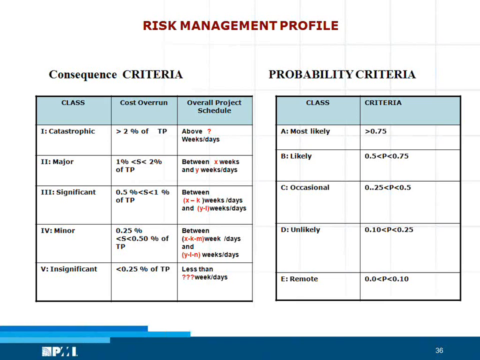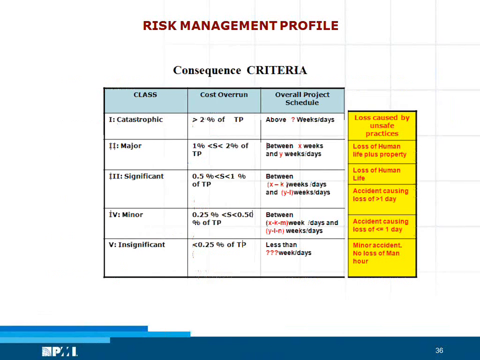You can also say if it is going to hit your schedule by X number of days or weeks, depending on the size of the project, that is catastrophic. Those definitions you define before you start off with the projects. The probability criteria I already explained. As you can see, I have classified the consequence criteria up to an insignificant level, even up to number of days of delay and the percentage of total cost change.